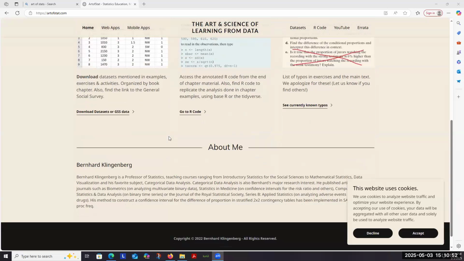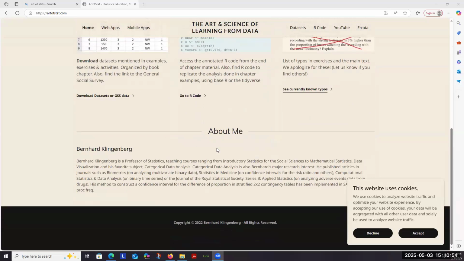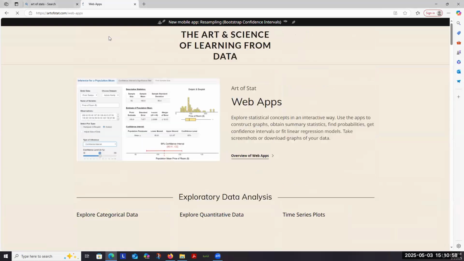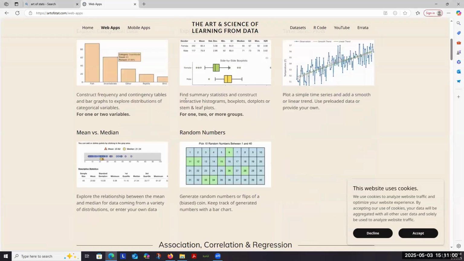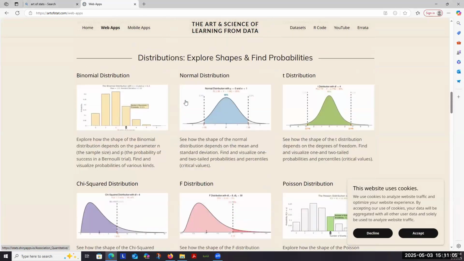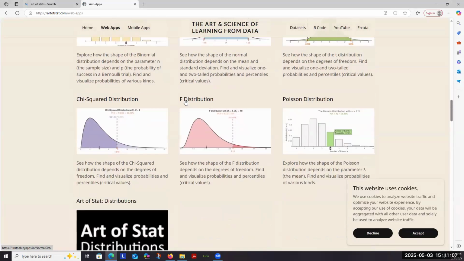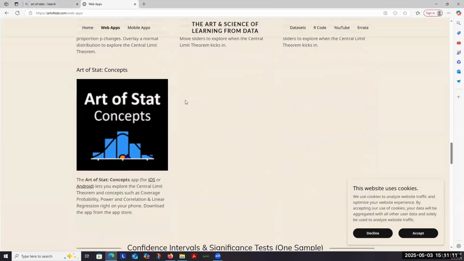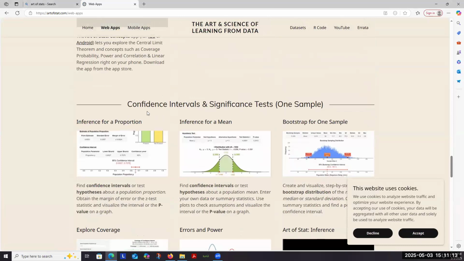We have to go down to find the inference for the mean or confidence interval. There you are, confidence interval, and the significance test. You're going to stay here for the rest of the problems. So this is for the mean.